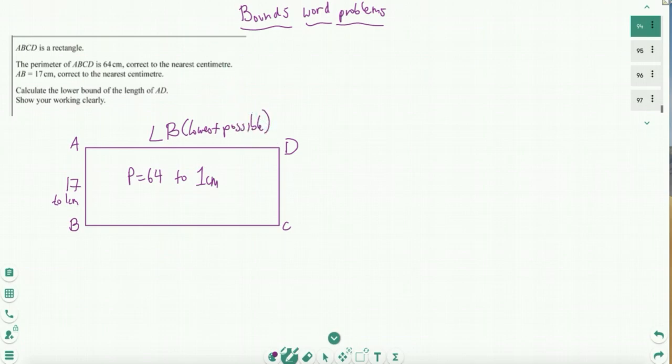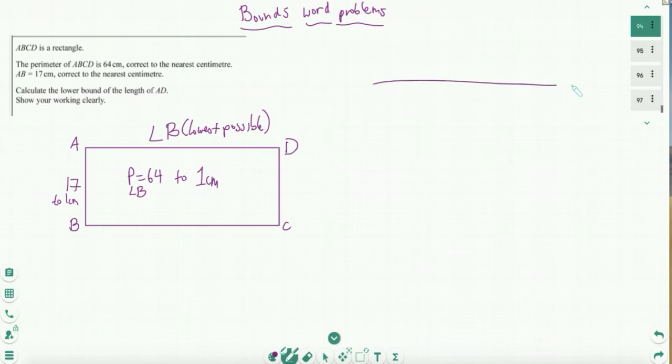If I want to find the lowest possible length, let's first think about the perimeter of this rectangle. If A to D must be as small as possible, do we want our perimeter to be really big or really small? Well, we want it to be a really, really small perimeter, because the smaller the perimeter, the smaller the side lengths will be. So we're going to find first the lower bound of the perimeter.